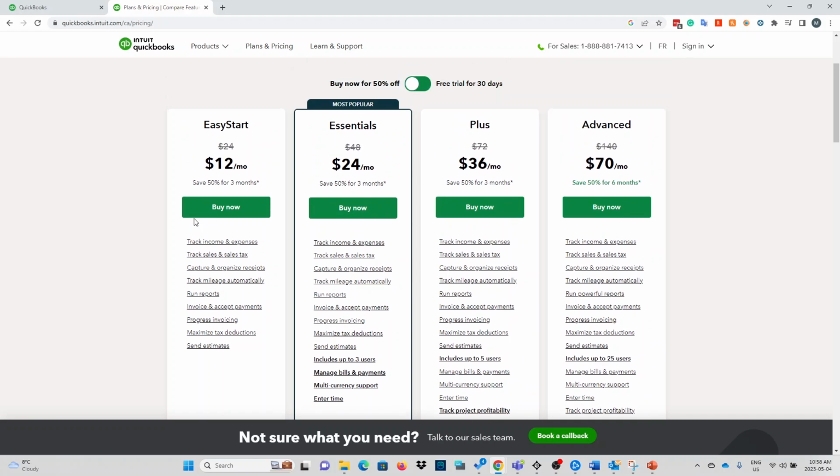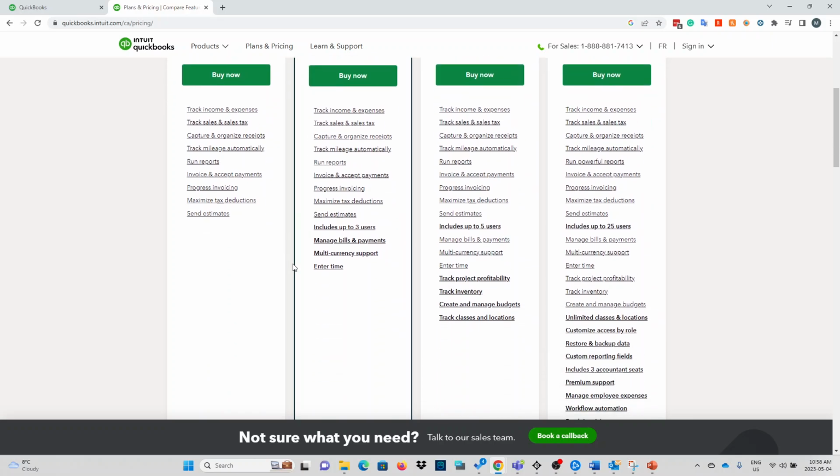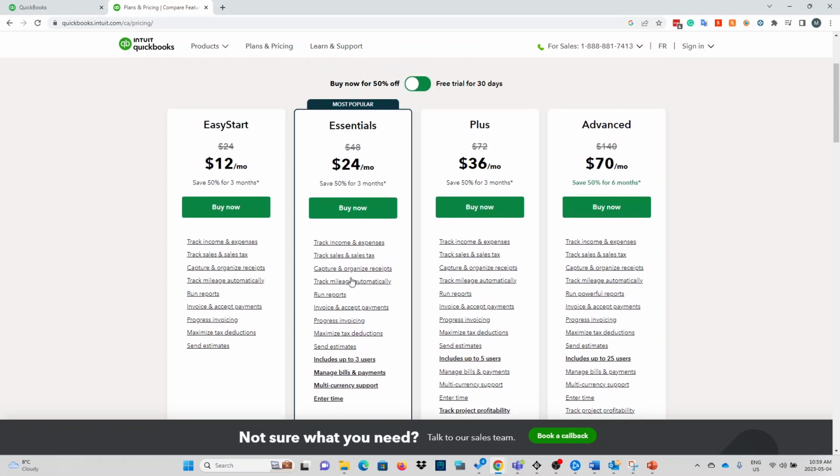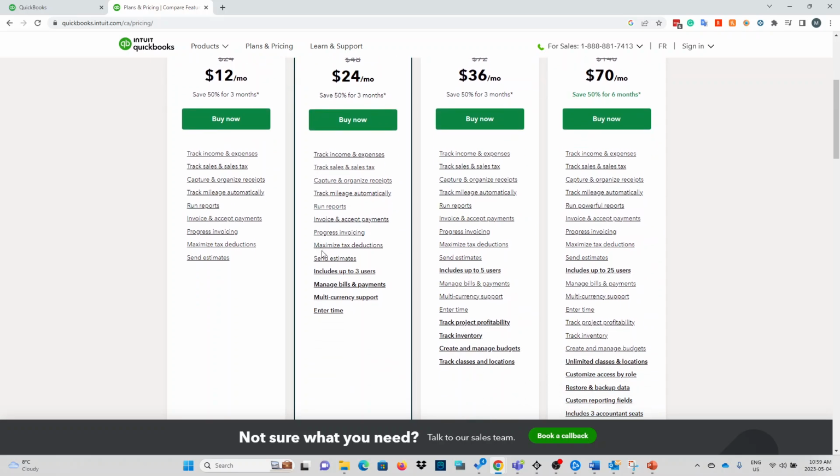What is the difference between the Easy Start $24 versus the $48 Essentials? The difference is it includes three users, manages bills and payments, multi-currency, and time. When would you choose Essentials over Easy Start? Number one, if your business deals with USD.